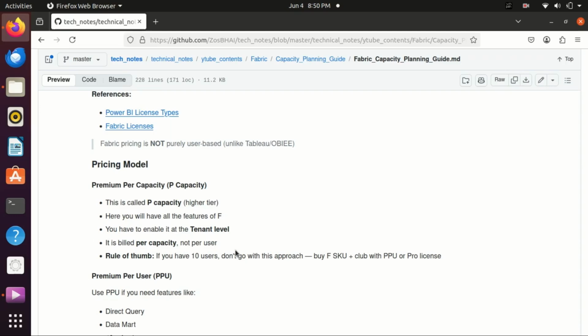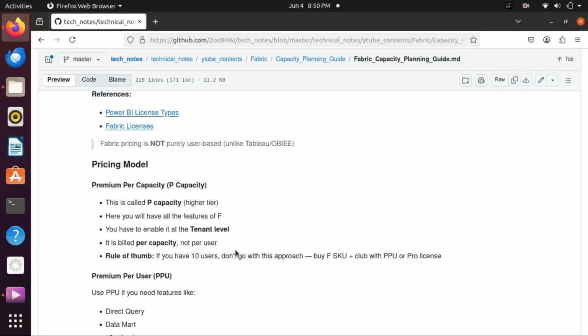P capacity is a higher tier capacity model that provides all the capability available in Fabric and is built based on the capacity rather than the individual user. This model is generally suitable for a large organization with many users consuming reports and analytical content.